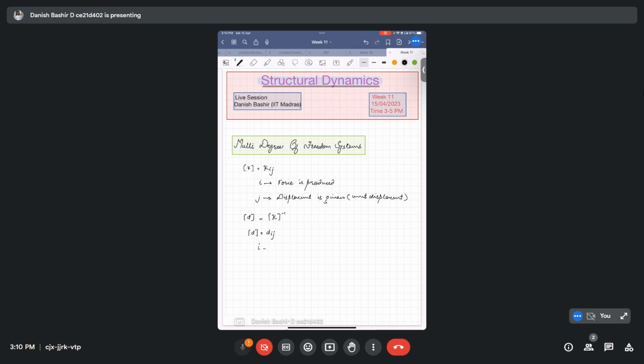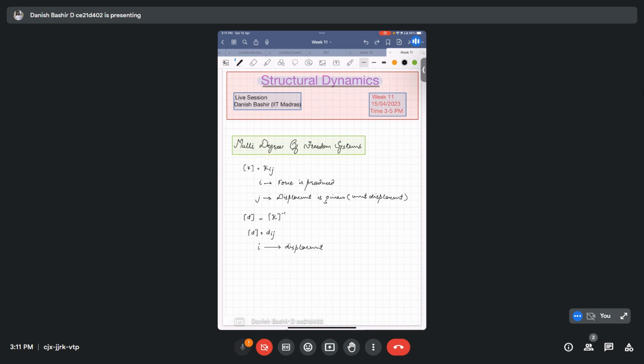So here, in the ith degree of freedom displacement is produced.